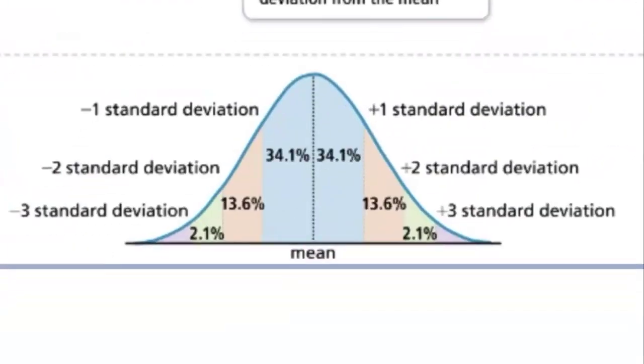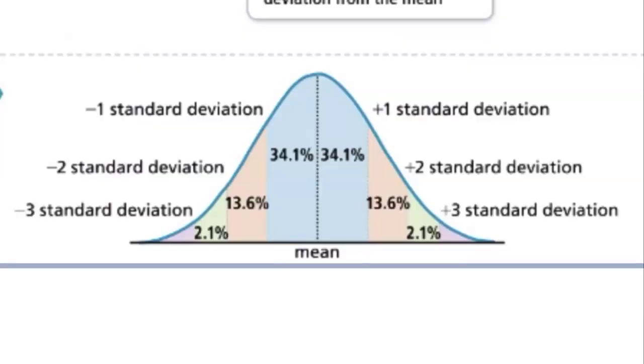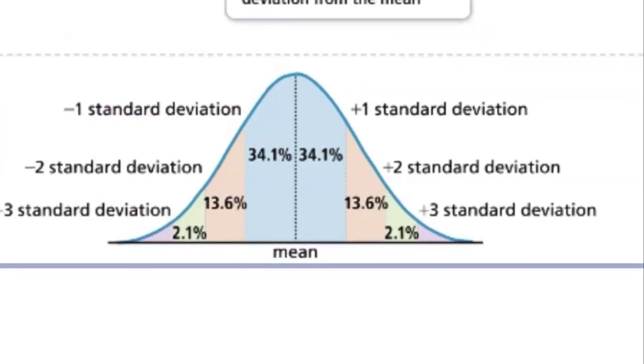So you have the mean, you have the bell curve. Standard deviation to the left is -1, 2 standard deviations is -2, and then -3 standard deviations is to the left 3. This just means how spread out your data is.